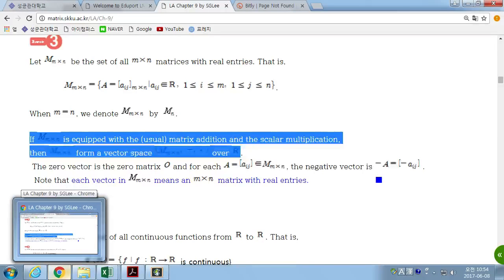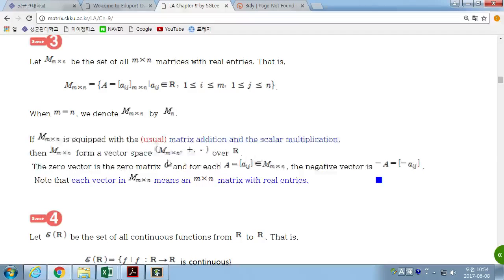Scalar multiple of an n by n matrix is another n by n matrix. It's closed under vector addition and scalar multiplication, and it also satisfies all the 8 properties. So it satisfies 10 properties, so it forms a vector space. This set of n by n matrices with these 2 usual operations forms a vector space.